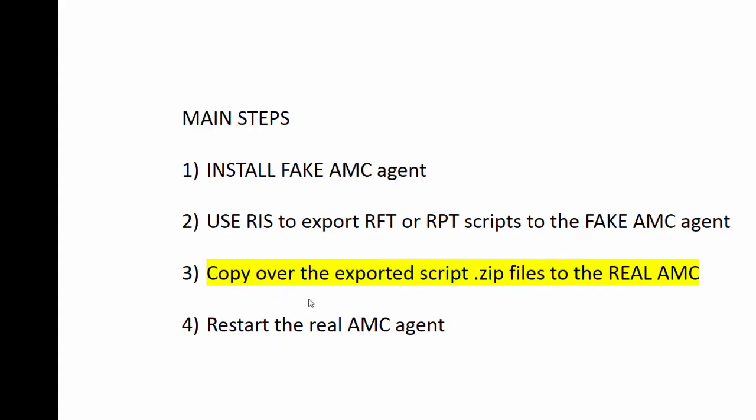So we have finished step 3, we copied over, and now we are going to do the fourth and last step, which is to restart the real AMC agent. And we need to do a little bit of cleaning. I will show you that now.